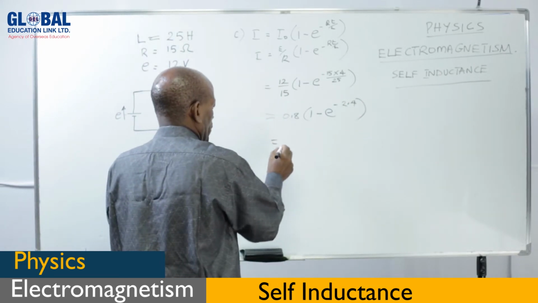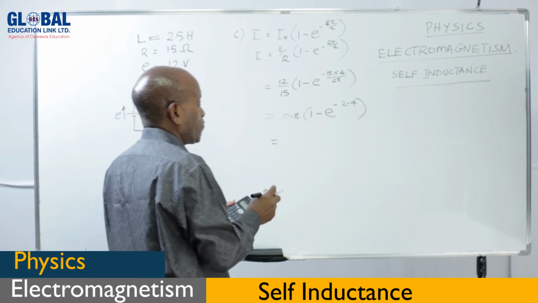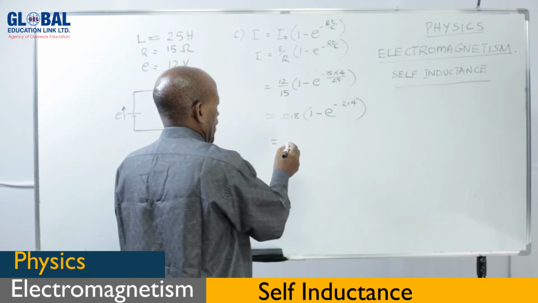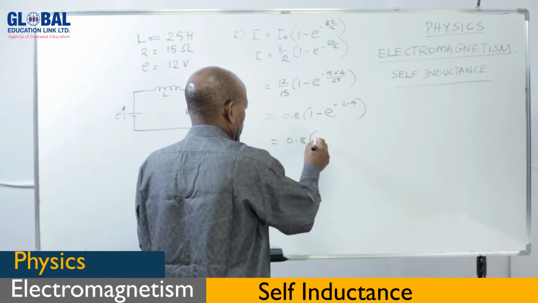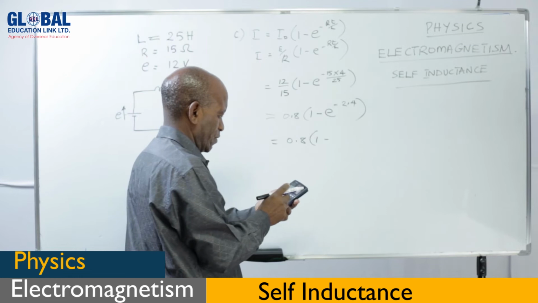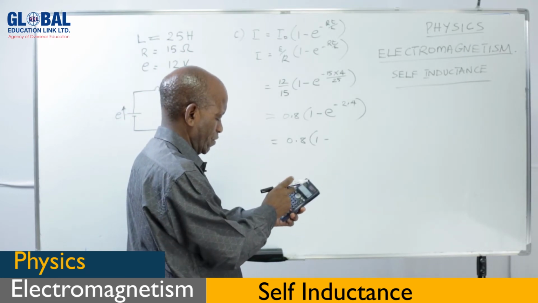Then we can compute the current after 4 seconds. So this will be 0.8 into 1 minus e to the power of minus 2.4.